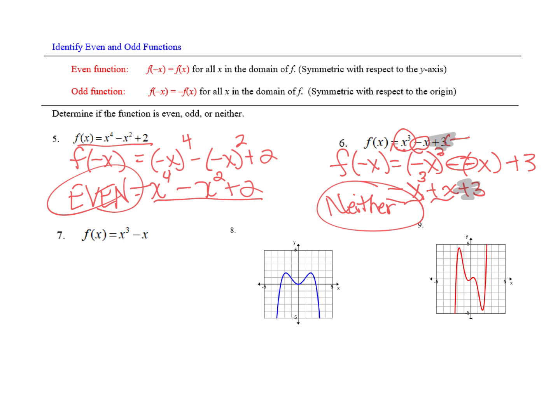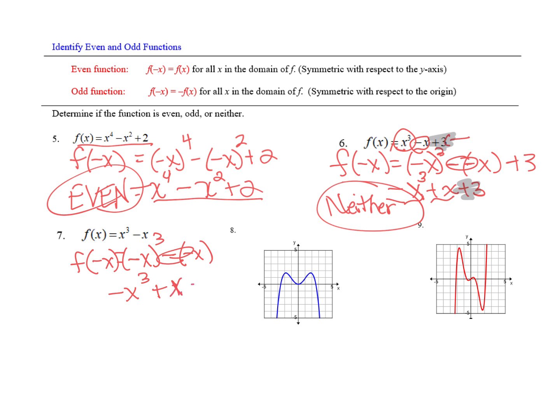So let's look at another one. F of negative x is going to be negative x cubed minus negative x. Well, negative x cubed is negative x to the 3rd power. Minus a negative is plus.